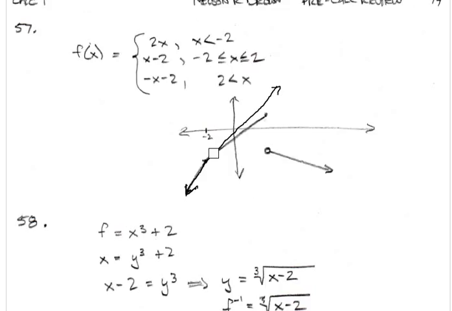But we only plot it for x less than -2. Now the reason that I don't have a little hole here, right, is because at -2, 2x is equal to -4. Also, in the next function that is valid from the range of -2 to 2, -2 minus 2 is also equal to -4.